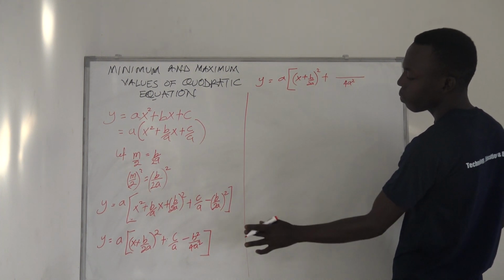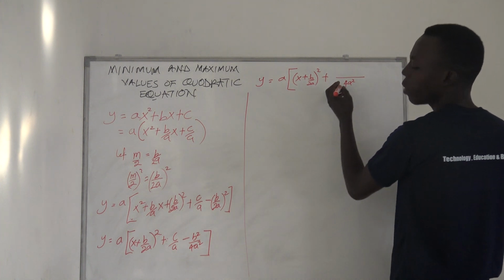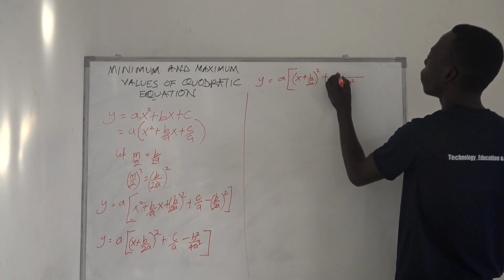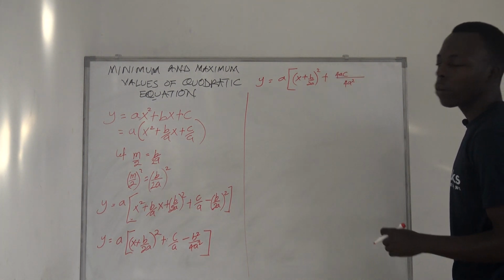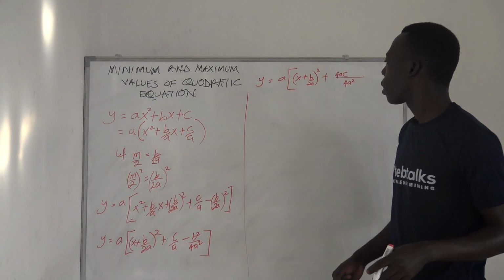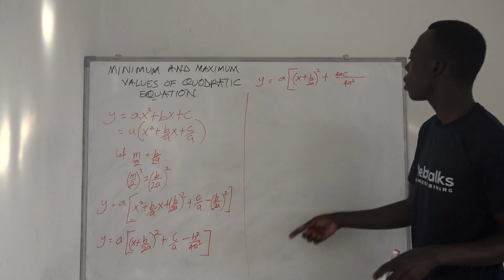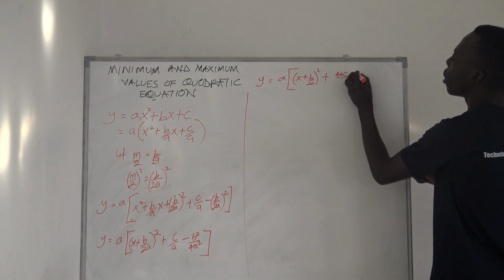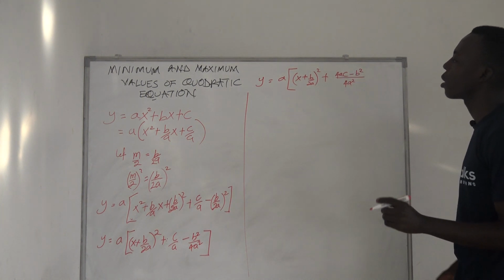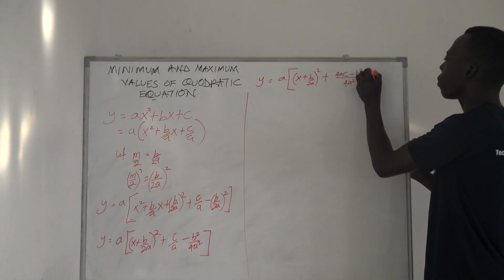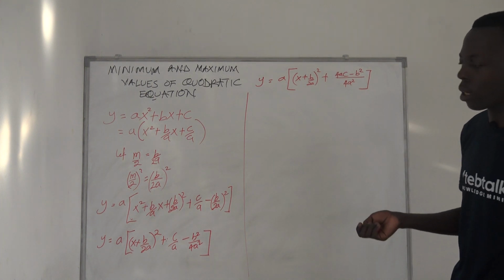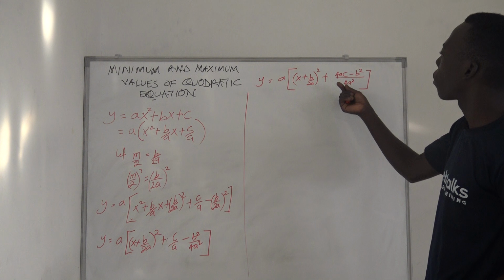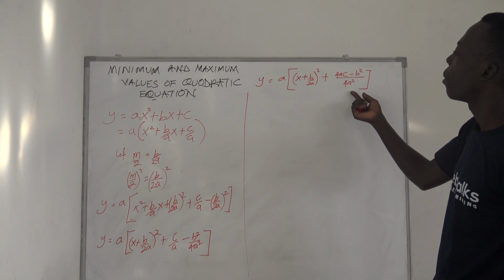So 4a squared divided by a, you get 4a, then times the c, which is 4ac. So after getting that, we continue this side, you get the LCM divided by that, which is 1, minus that one, which is b squared. So this is what we get after expanding that. We are continuing. So we have reached this step.